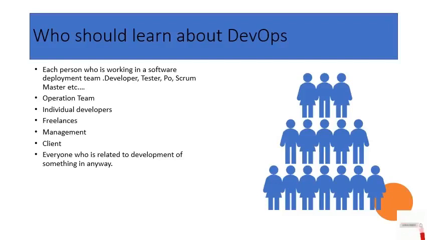How many extra stories are there? These points are taken care of by DevOps. So if you are a client, you must learn about DevOps. And at the last, everyone who is related to development should know about DevOps.